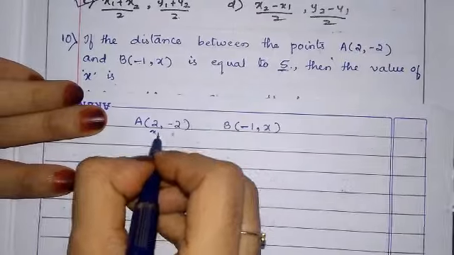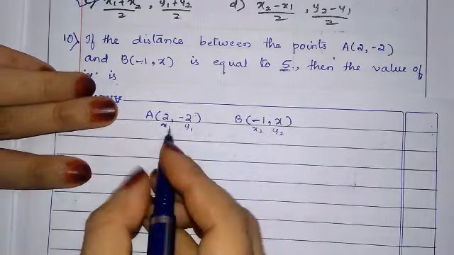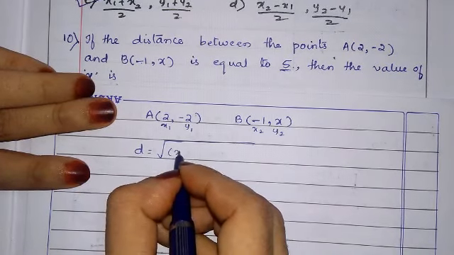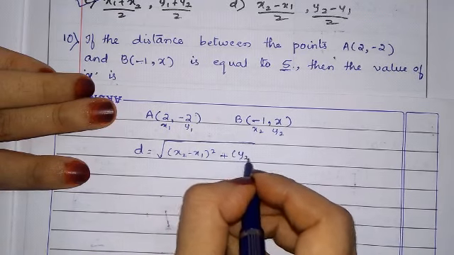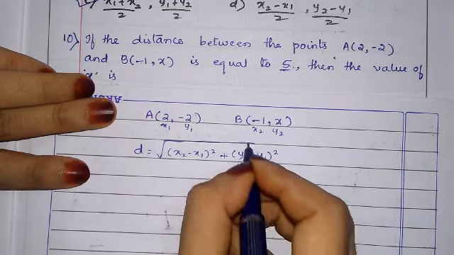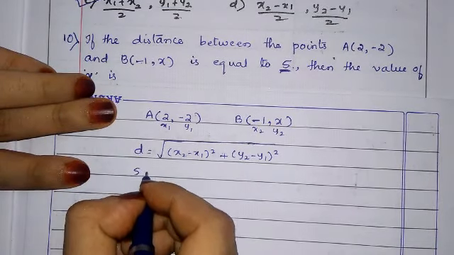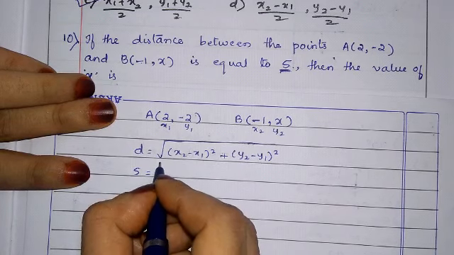Now this is x1, this is y1, this is x2 and this is y2. Now we know the distance formula is root of (x2 minus x1) whole square plus (y2 minus y1) whole square. The distance they have given is 5. So 5 is equal to this; we have to square both sides, so that we remove the root.